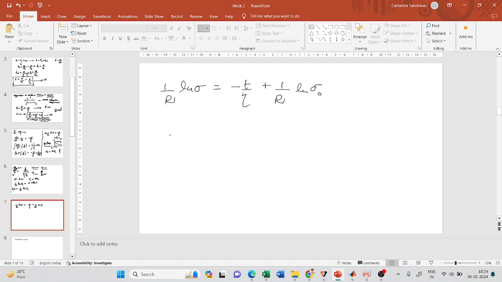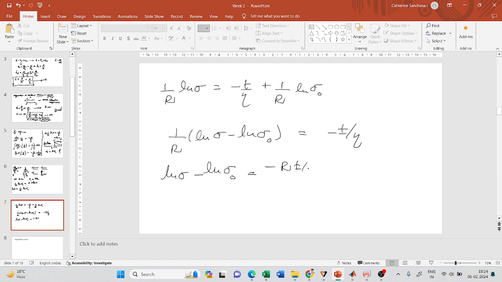So let me take it to the left hand side. So 1 by r into ln of sigma minus ln of sigma naught is equals to minus t by eta. ln of sigma minus ln of sigma naught is equals to minus r into t by eta. So I can use this division rule, right? So ln of sigma minus ln of sigma naught can be written as ln of sigma by sigma naught, equals minus r into t by eta.